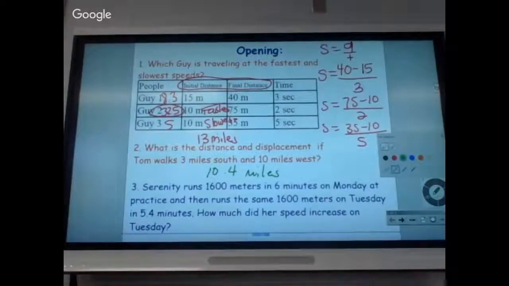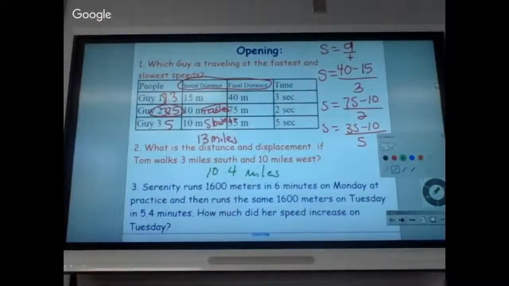What do we do there? Grace, did you raise your hand? What do you think? Yeah, you do 1600 over 6. Okay, so just give me the numbers. Tell me what you're doing since Diavion's like, it's a great question. So what process are you trying to do? We need to find the speed of both of them.